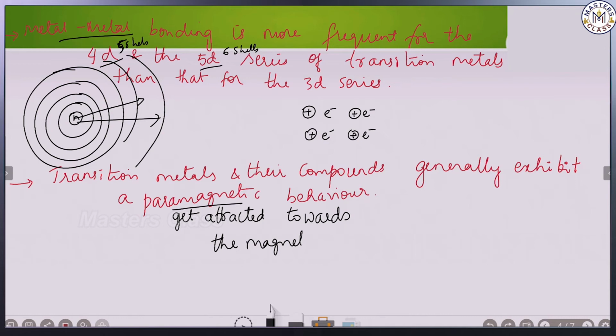So to be attracted to a magnetic field, they should have unpaired electrons. Only if unpaired electrons are there will they get attracted towards the magnetic field. They are called paramagnetic in nature. If there is no unpaired electron, they are considered diamagnetic.